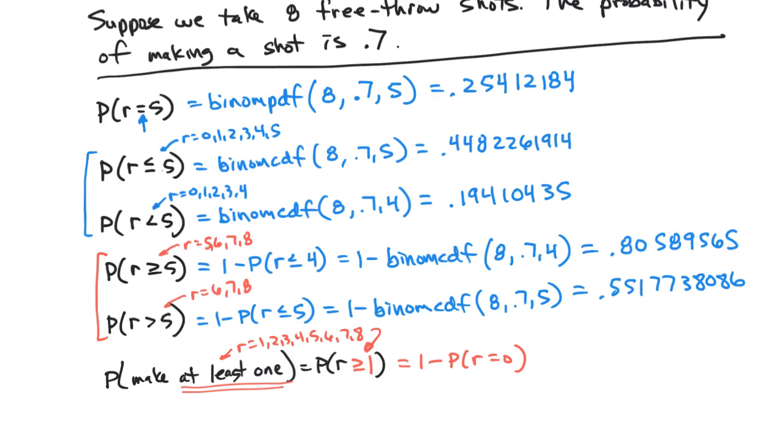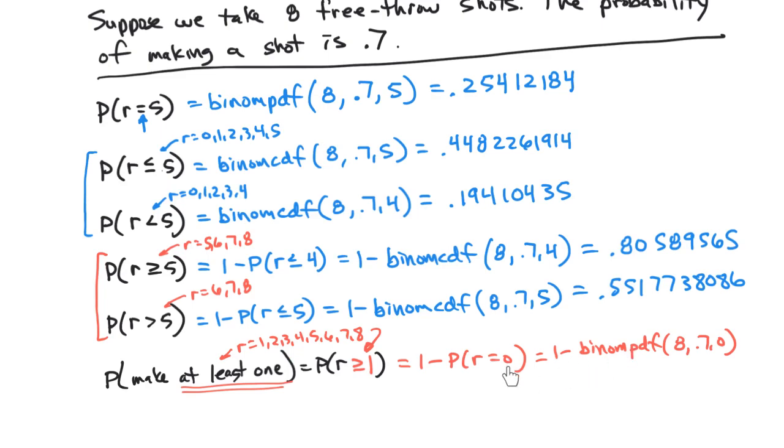So this one would just be 1 minus binomial. It's the equal sign. Equal sign means PDF. Now in this case, sometimes students accidentally put CDF and they say, hey, I got the same thing with a CDF.